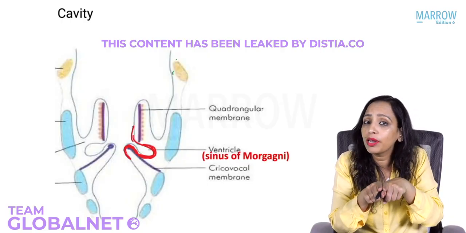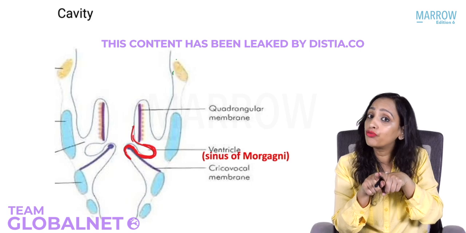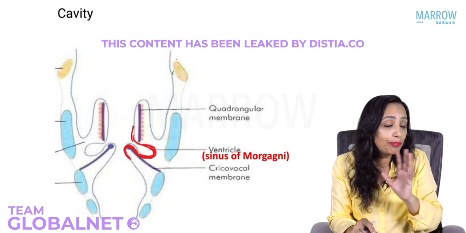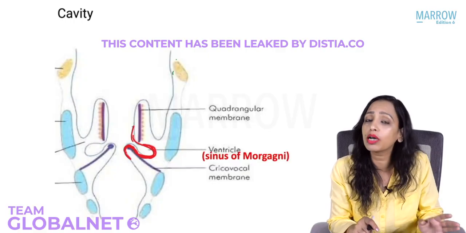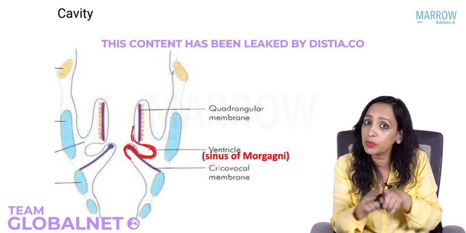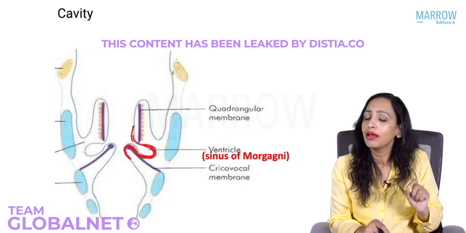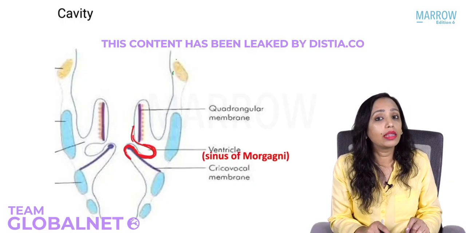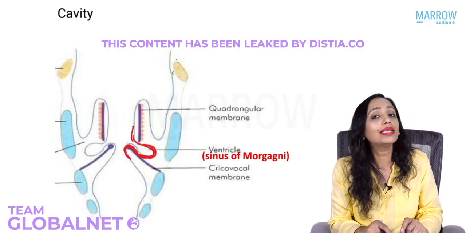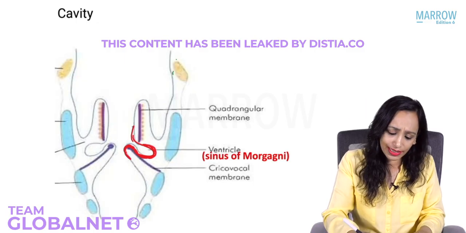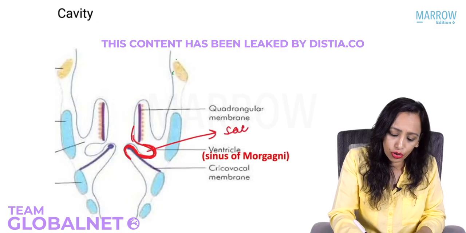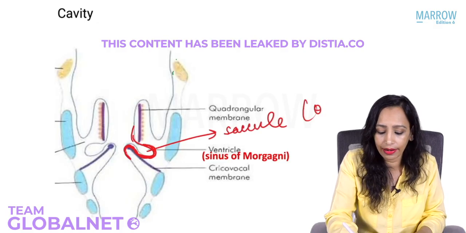So there should be lubrication in this part to allow free movement and to not allow damage to occur while we are speaking. For that, the mucus that is produced is from the saccule. That is why the saccule is also known as the oil can.